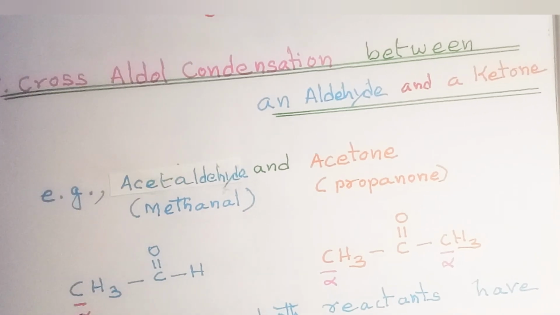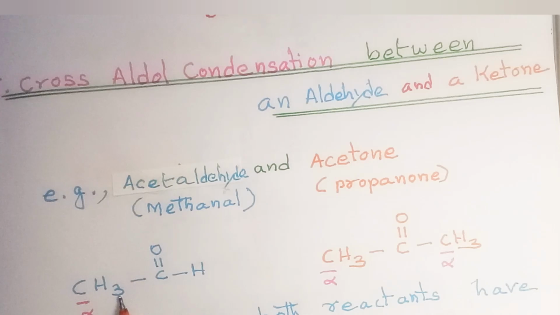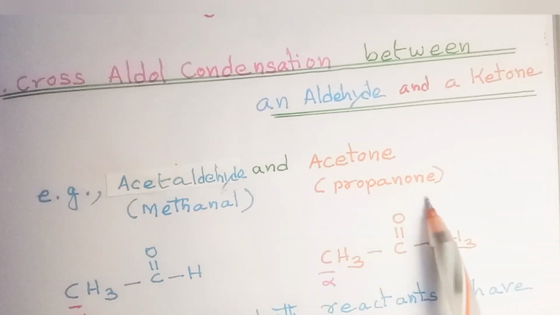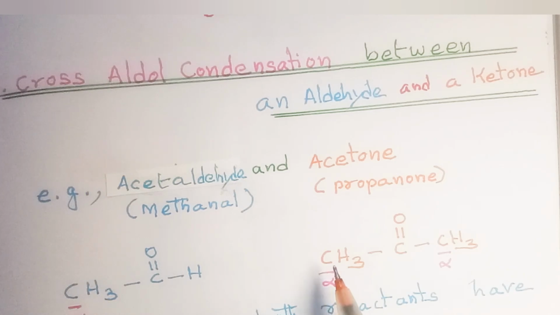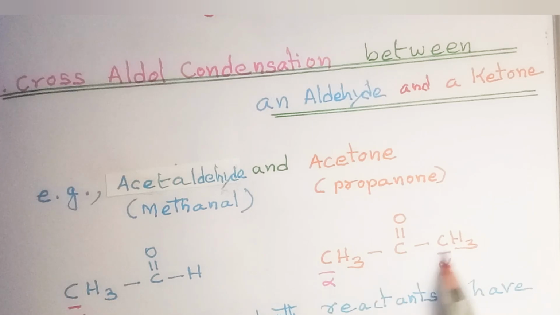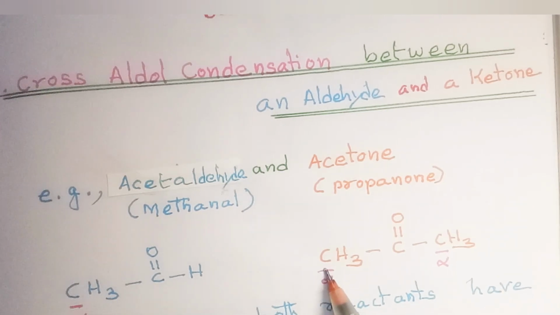Adjacent to it is the alpha carbon atom. The alpha carbon has 3 hydrogen atoms. Okay. This is acetone or propanone. Acetone is CH3 C double bond O CH3. This C double bond O is the functional group. This is the adjacent carbon. This is the alpha carbon.